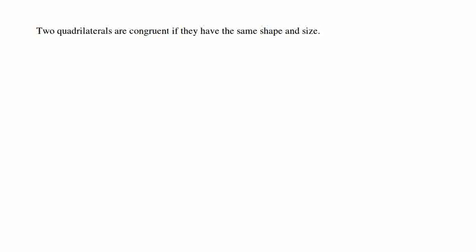All right, so if you thought about that, you would come to the conclusion that for two quadrilaterals to be congruent, in other words, to have the same shape and size, they have to have congruent corresponding sides and angles.